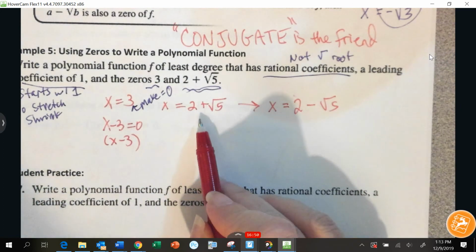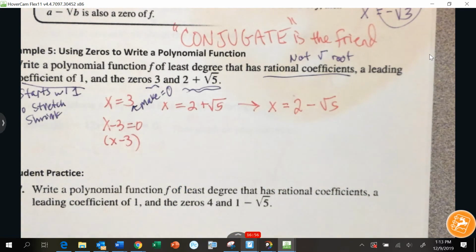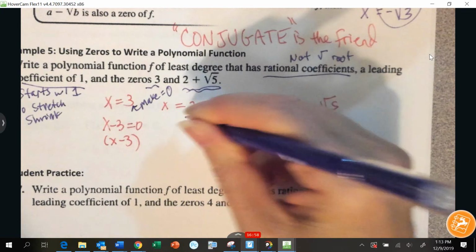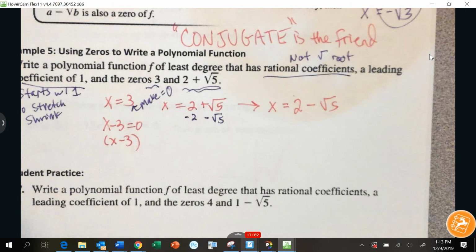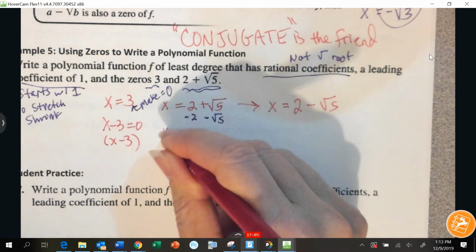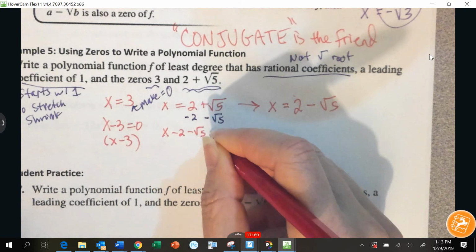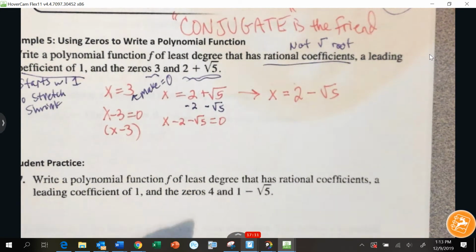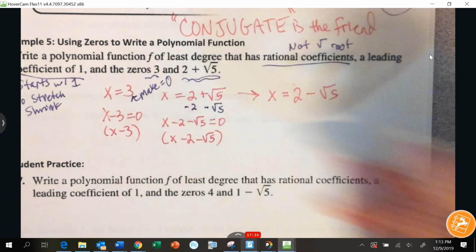What do we do for this one? It needs to say equals 0. What should we do? Subtract. We're going to subtract 2, and we're going to subtract radical 5. So I'm going to have x minus 2 minus radical 5 equals 0. So my factor for this one is x minus 2 minus radical 5.